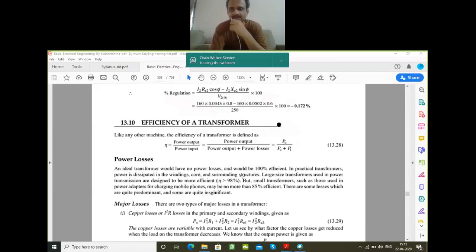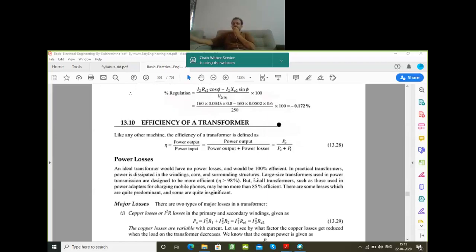But in a practical transformer, power is lost or dissipated in the winding, core and surrounding structures. If you have large transformers, they are designed to be more efficient.